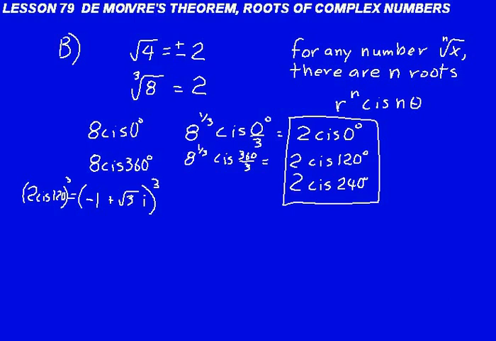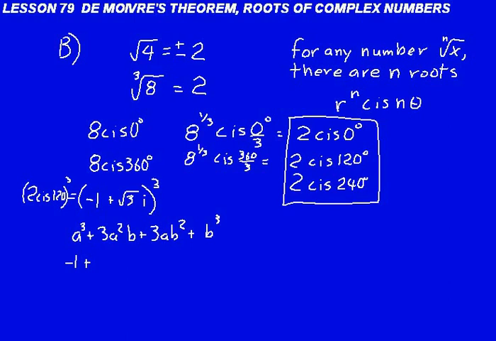Let's just think about Pascal's triangle to expand this out. We'd have a to the third plus 3a squared b plus 3ab squared plus b to the third. So a is -1. We'd have -1 cubed would be -1 plus 3 times -1 squared times b.